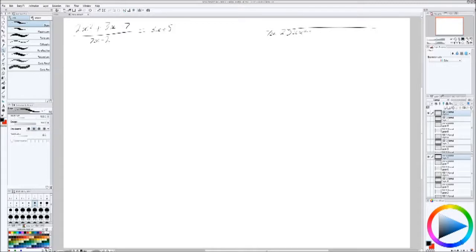2x squared plus 3x minus 7. So what will we have to multiply this by? Oof, this is going to be a fun one. 7x minus 2 multiplied by what gives us that 2x squared for the 7x part? Well, we have to halve it. No, we have to multiply it by 2/7 and x.